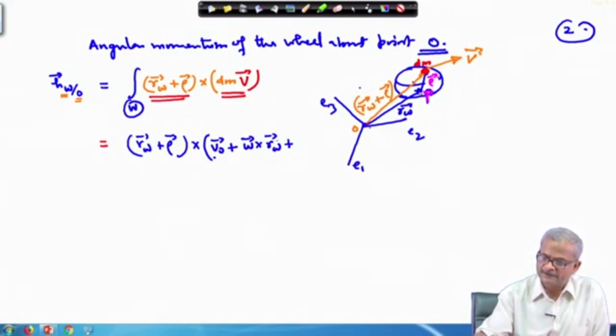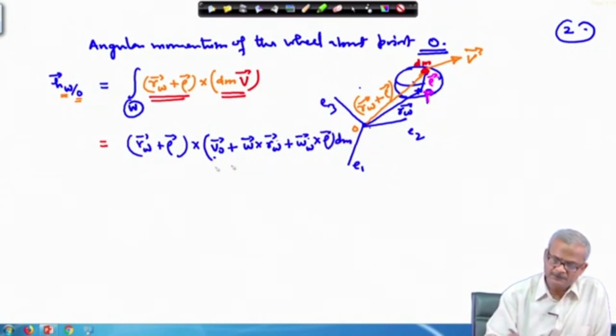So, at what angular speed this body is rotating. So, add to that, and then at what rate this wheel is spinning. So, wheel angular speed is w we are writing here. So, this rho d m.